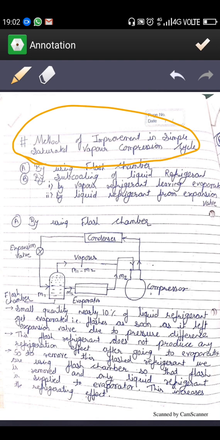First one is by using the flash chamber, and second one is by subcooling of liquid refrigerant. And in subcooling we again have two types. First one is by vapor refrigerant leaving the evaporator, and type 2 is by liquid refrigerant from the expansion. So how are we going to use this flash chamber? You can see this flash chamber here.